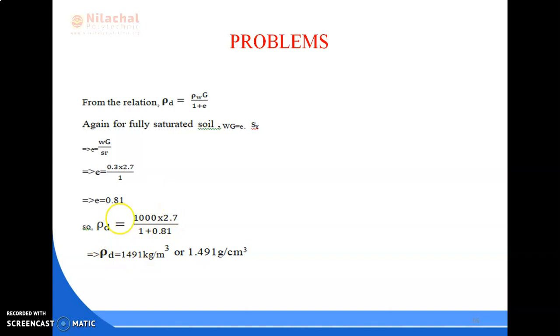Here the rho w value is 1 gram per centimeter cube or 1000 kg per meter cube. As we put 1000 here, our answer is in kg per meter cube, and we convert it into grams. So the answer is 1.491 gram per centimeter cube.